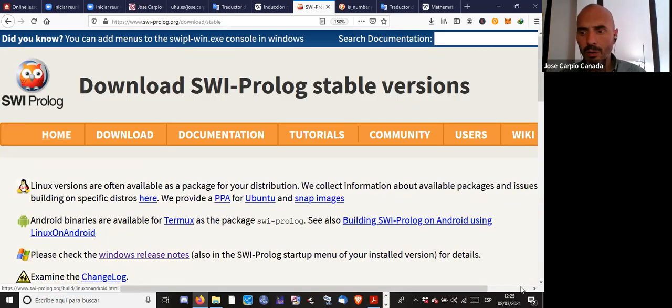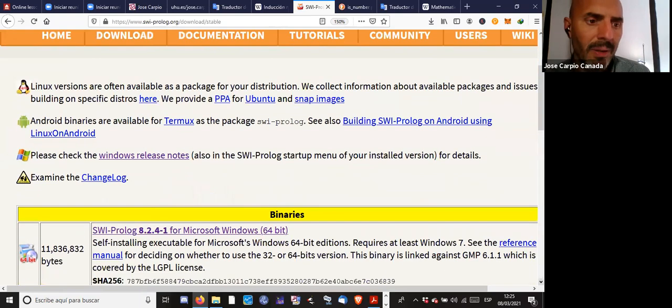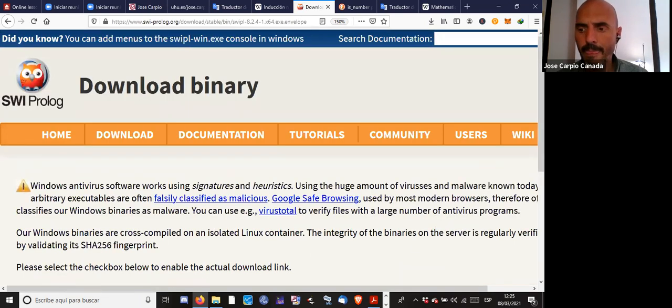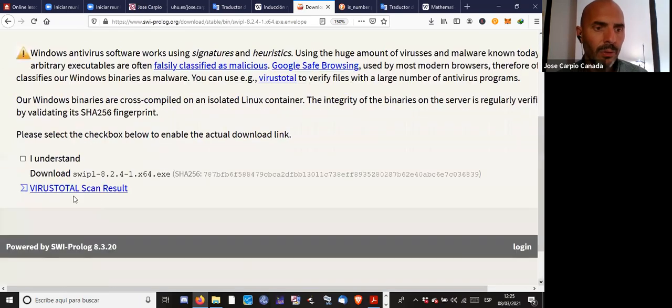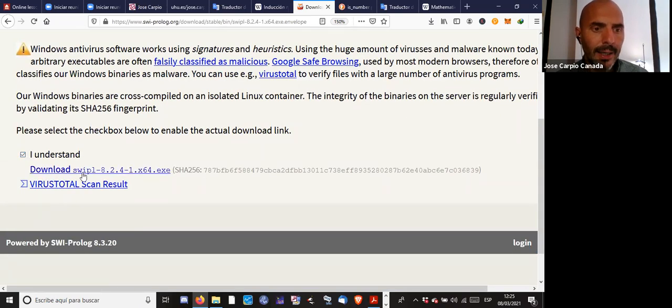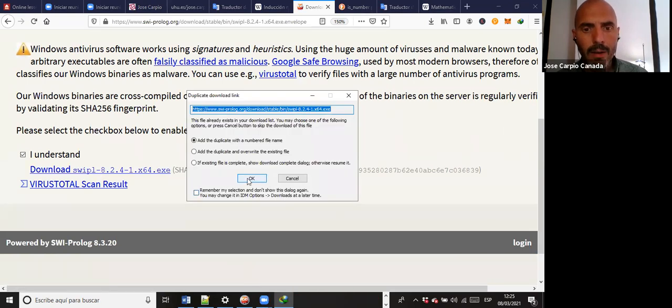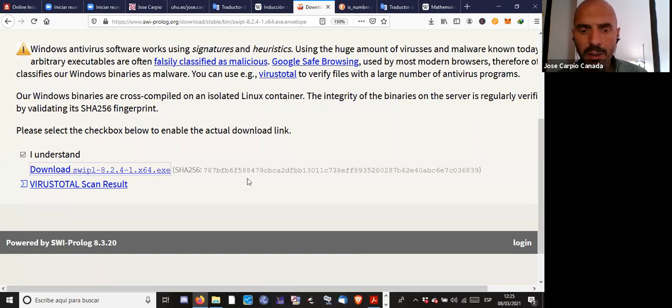You can go here to an operating system version. I'm going to install on Windows. Here you click download. I have already downloaded it.